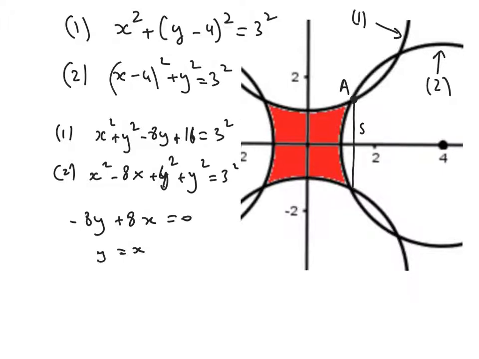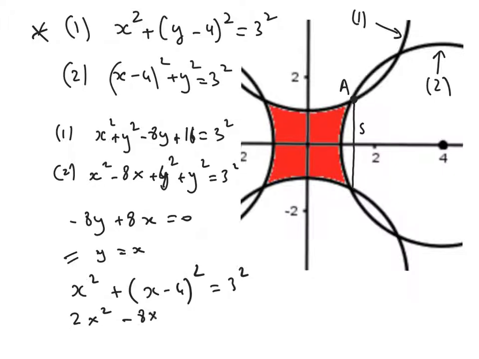We substitute y by x in equation number 1. So x squared plus x squared, instead of y because they are equal by this equation, equals 3 squared. Now we expand and simplify to end up with 2x squared minus 8x plus 7 equals 0.